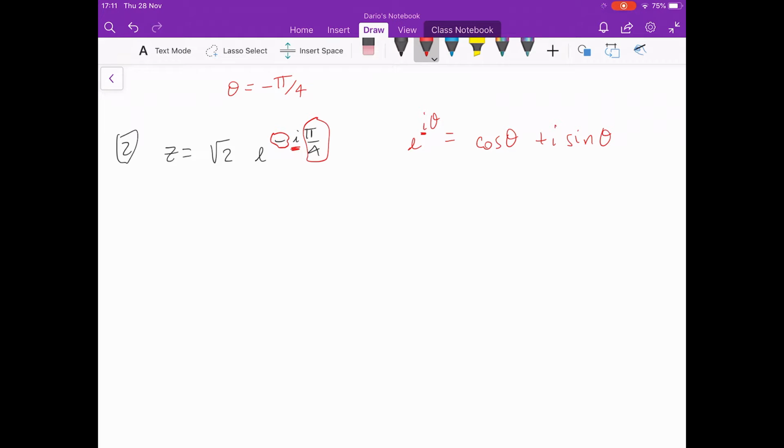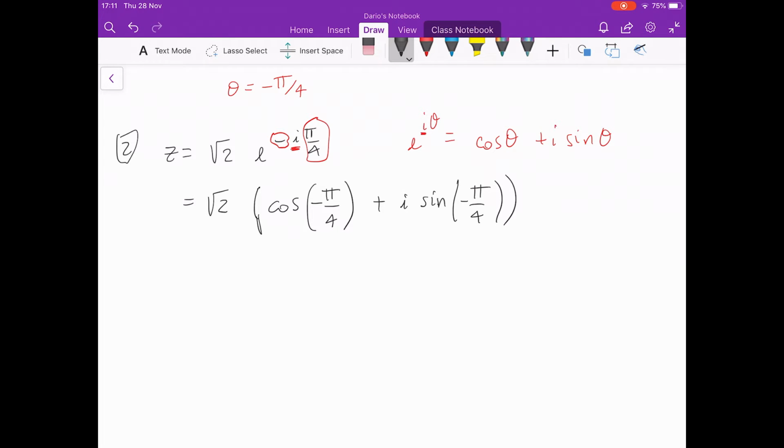Then we can just do what we've done for the previous example. So we leave square root of 2 as our modulus for a moment, and we rewrite e^(-iπ/4) as cosine of minus π/4 plus i, the sine of minus π/4.